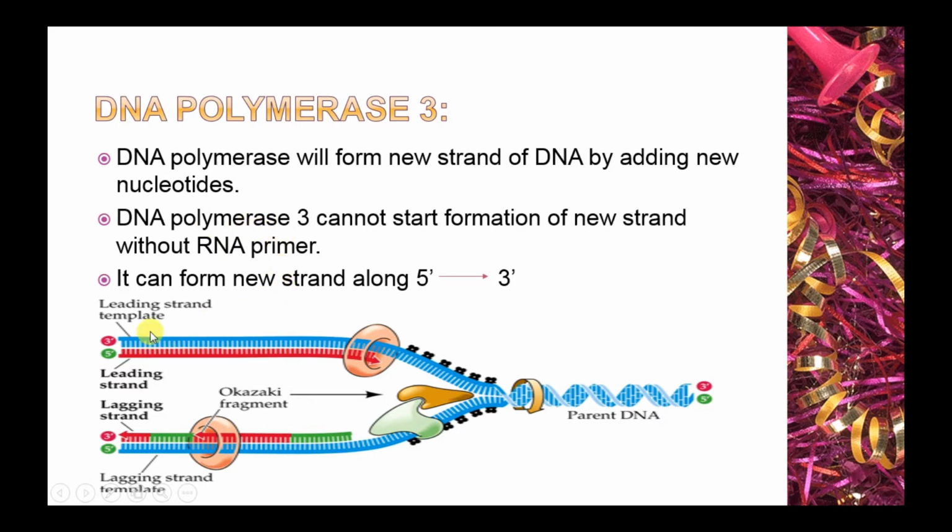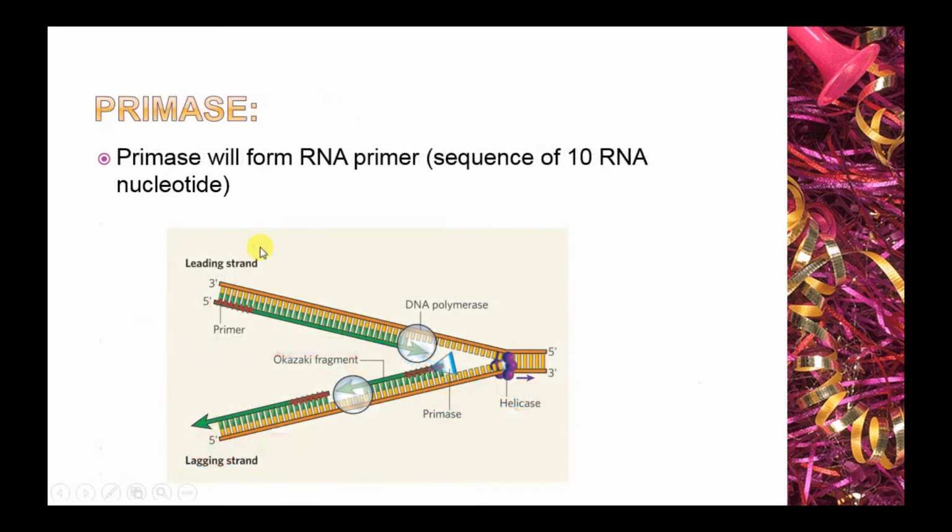As you know, in our previous step we made the RNA primer, which was formed by the primase. DNA polymerase 3 cannot start the formation of a new strand without a primer. This is the primer, and here the new strand is formed by DNA polymerase 3. This green you can see.